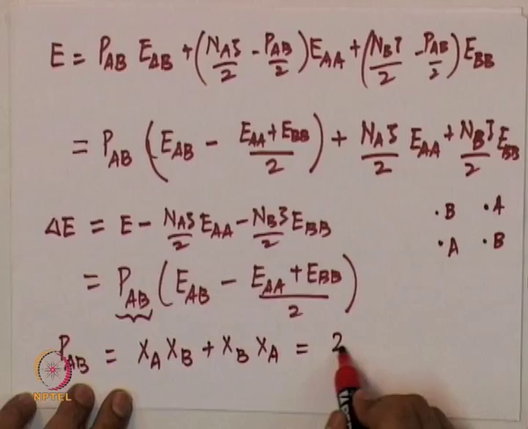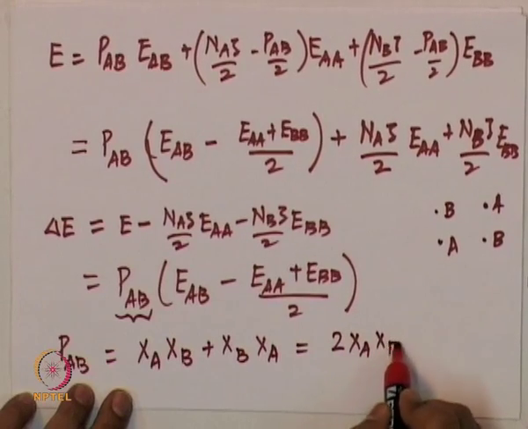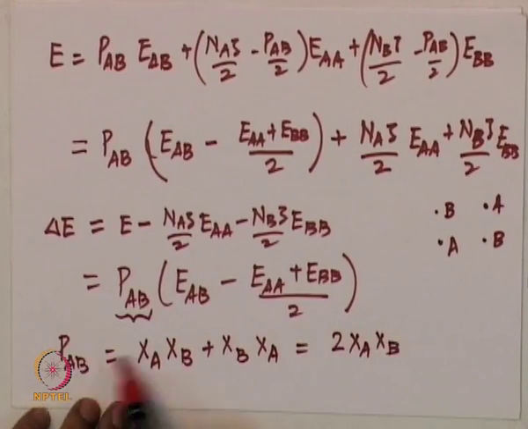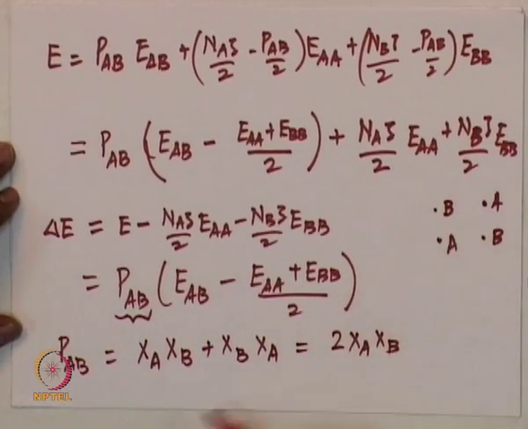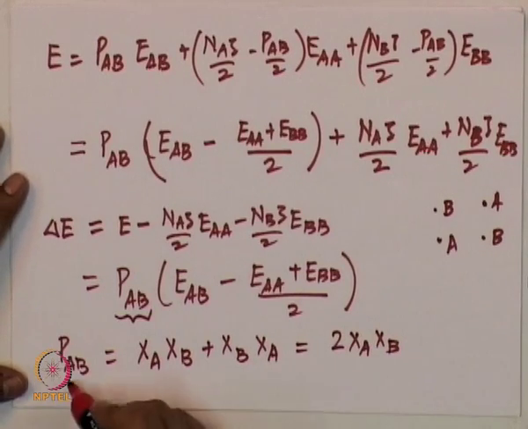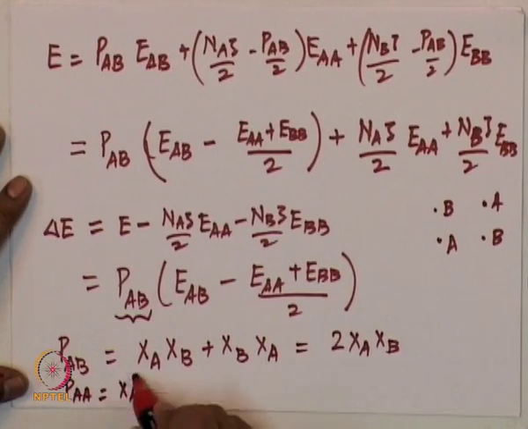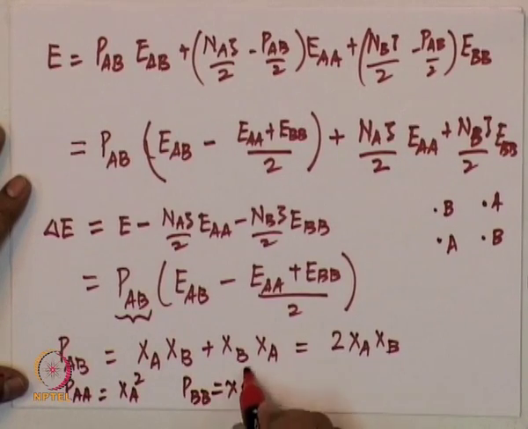In other words, 2 times XA XB is the probability that any given pair of sites will actually have a bond PAB. In a similar fashion, you can show that PAA is nothing but XA squared and PBB is XB squared.